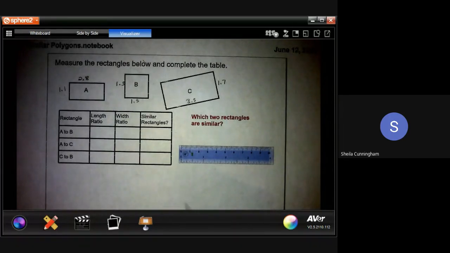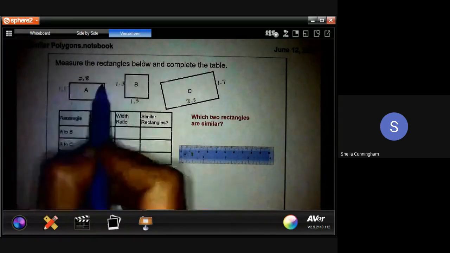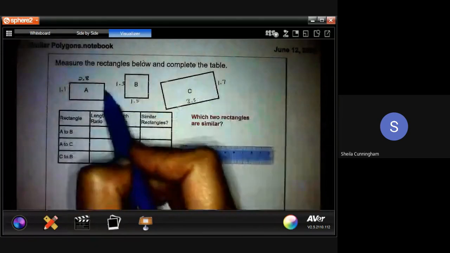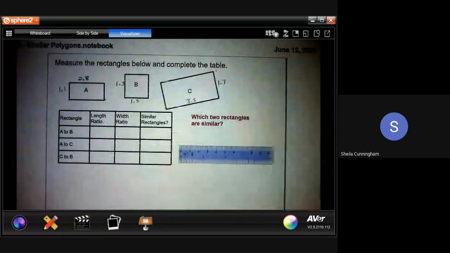But now we want to get into the math side of it. Let's get into the specifics of, are they actually similar? Meaning, let's look at the side lengths. Let's look at those relationships between the side lengths. So this side length to this side length, this side length to this side length. We want to see if there is a relationship that happens there that maybe we can identify or recognize.